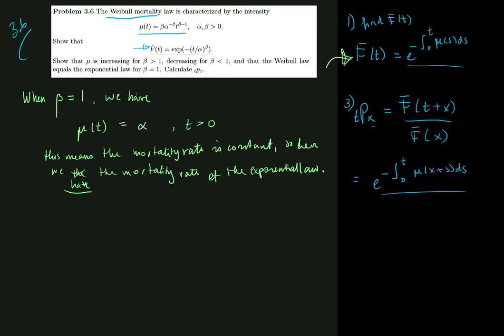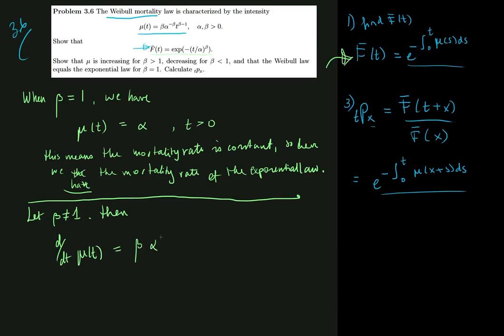So now we also want to show that the mortality rate is increasing for beta greater than 1 and decreasing for beta less than 1. So in order to do that, let's say let beta be different from 1. If it is different from 1 and still greater than 0, that's implicit here, then the derivative of the mortality rate is given by beta multiplied by alpha to the minus beta, and this entire thing is still greater than 0 per assumption.